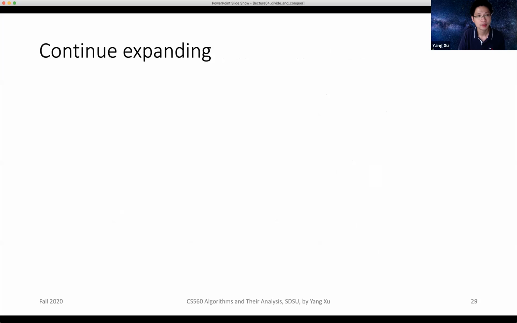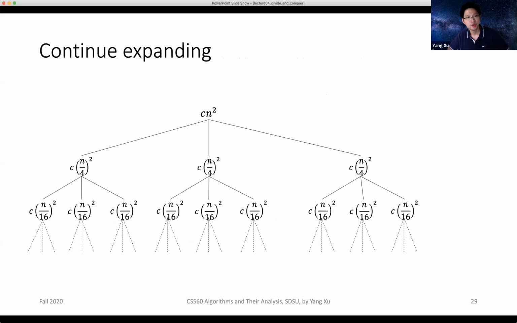So if we continue splitting, we would eventually hit some point where the split stops, and that means we reach the leaf nodes. A leaf node in the tree is the smallest node, and it can no longer be split.